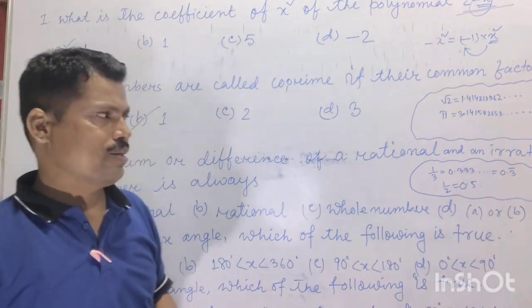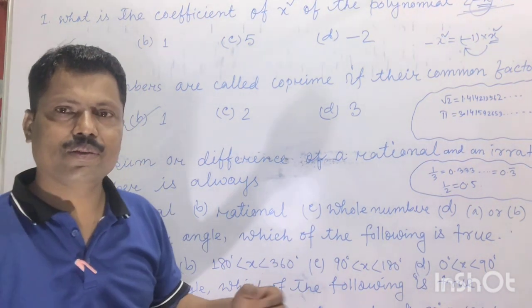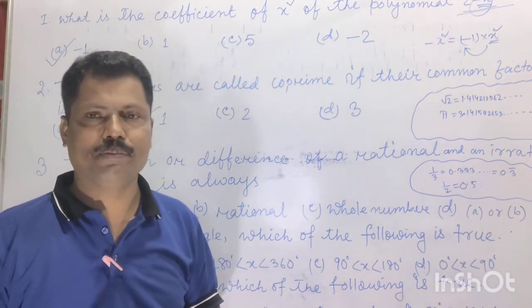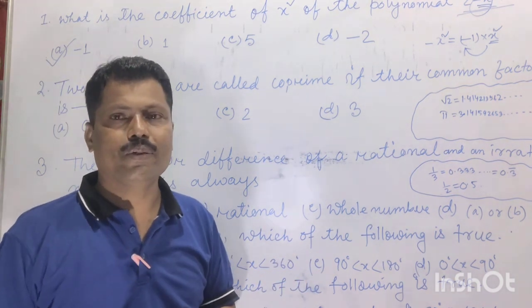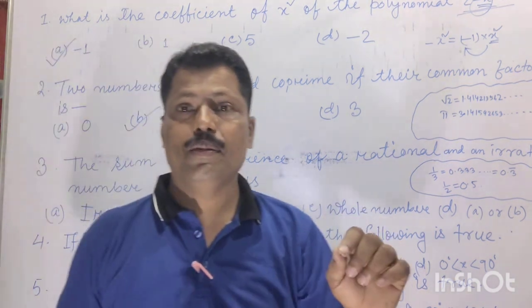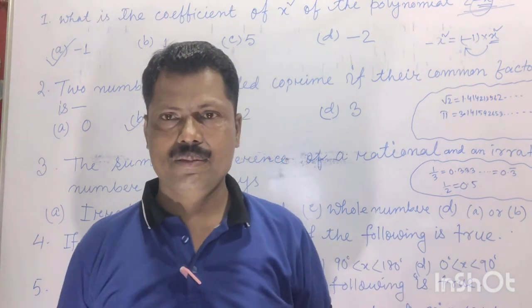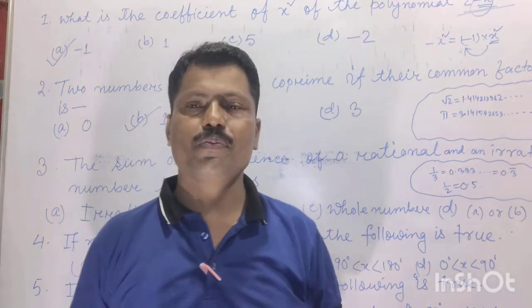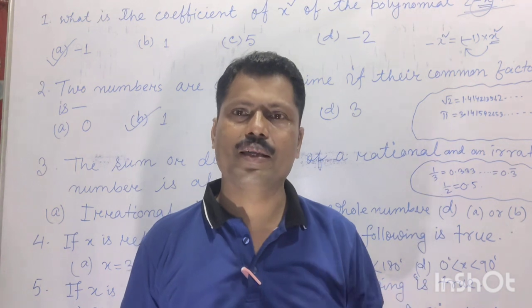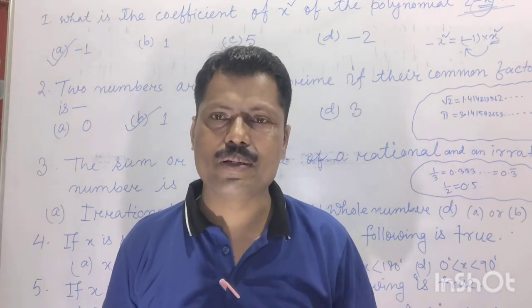Before this, we should know what a rational number is and what an irrational number is. A rational number is a number which can be expressed in the form p by q, where p and q are integers and q is not equal to 0.